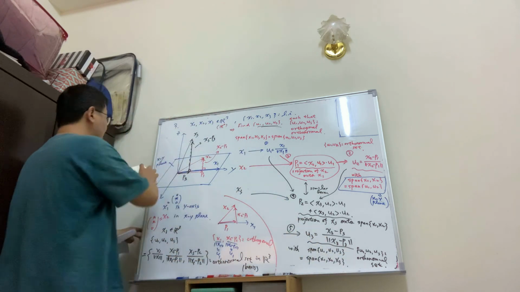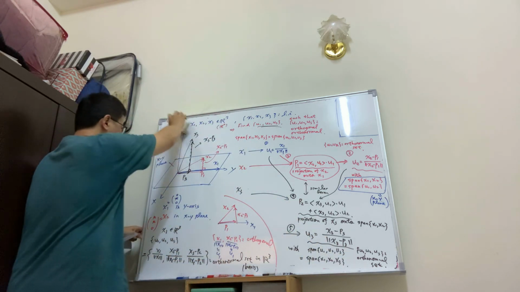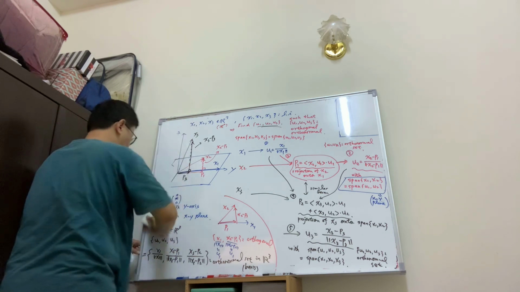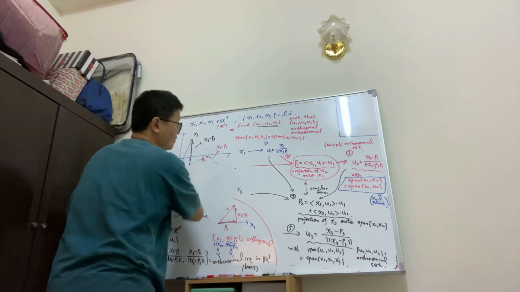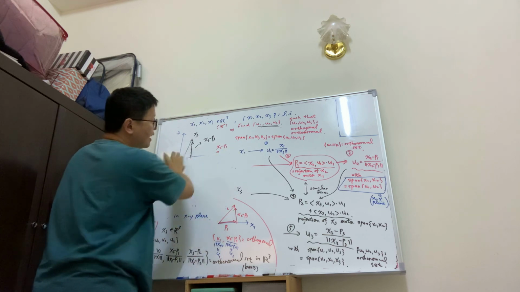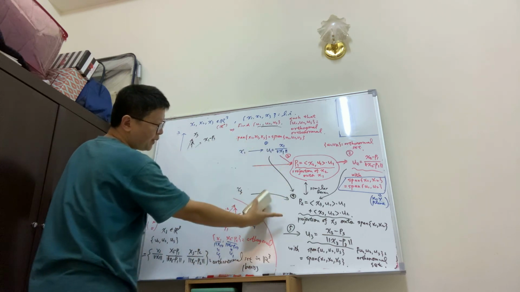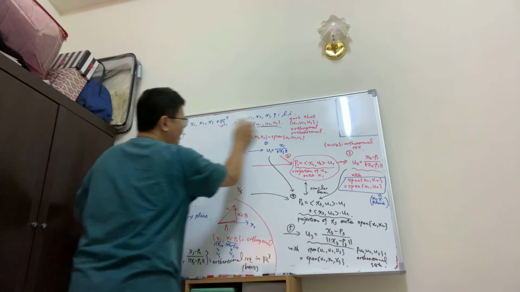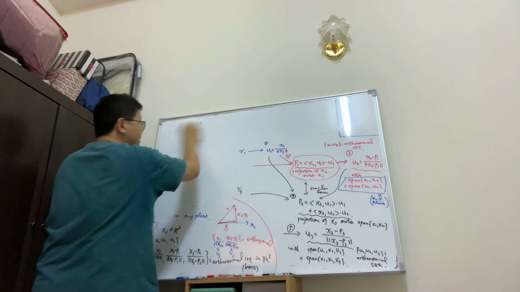Okay, so I erase it and give you the theory. First step, second step, third step. I mean, we have 5 steps to figure out the length. We have 5 steps, and it's important.